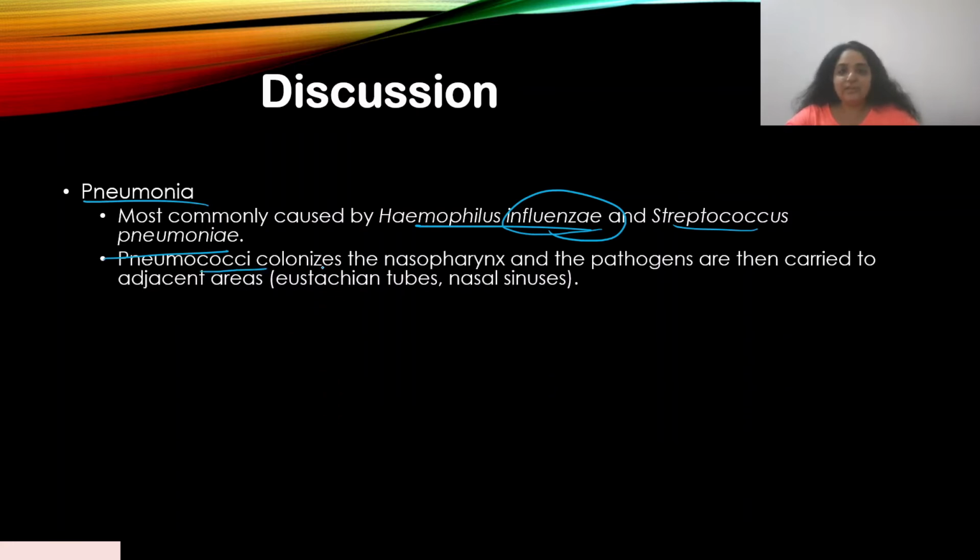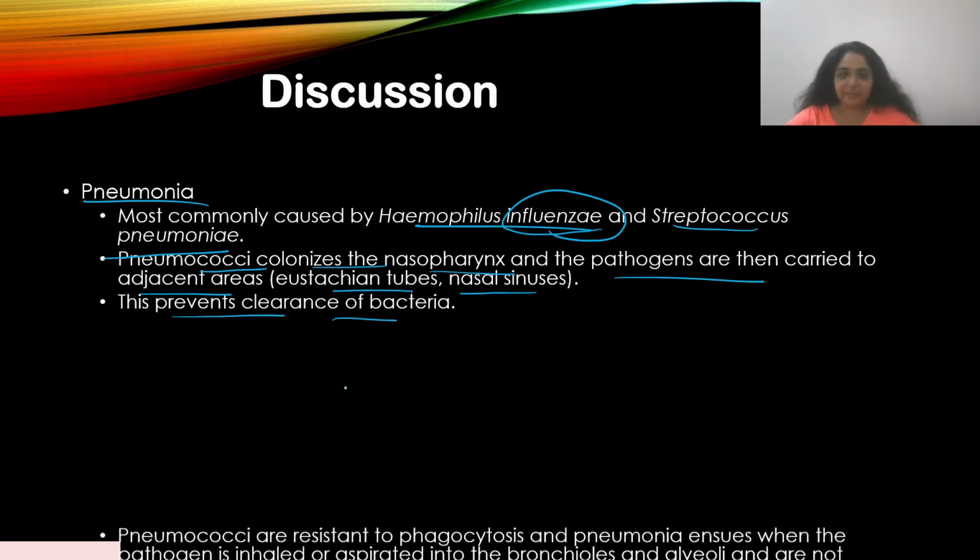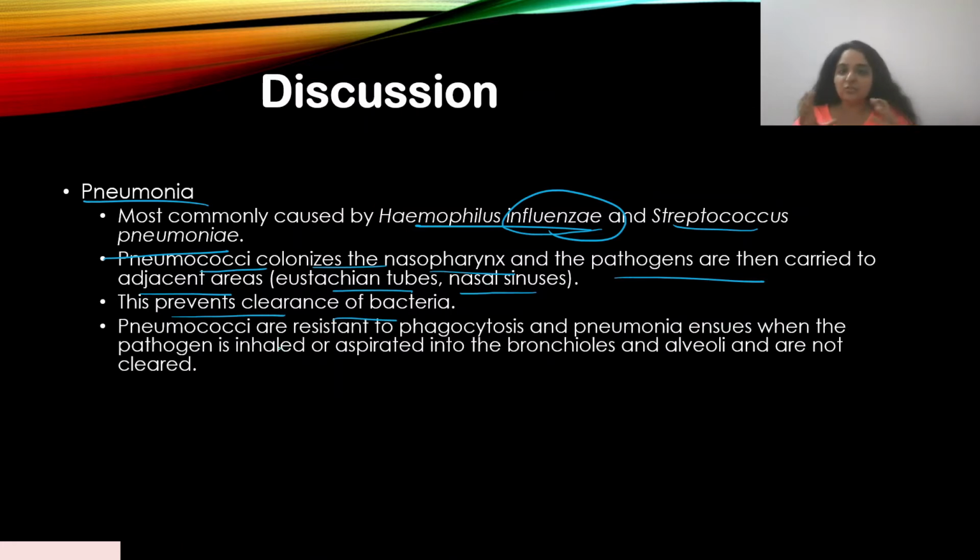So the pneumococci colonize the nasopharynx and the pathogens are then carried to adjacent areas, that's the eustachian tube and the nasal sinus. So it infects all these areas. This prevents clearance of bacteria. Once the pneumococci colonize these areas, you feel your nasal areas or sinuses all blocked, and so you can't clear out all the bacteria that's there.